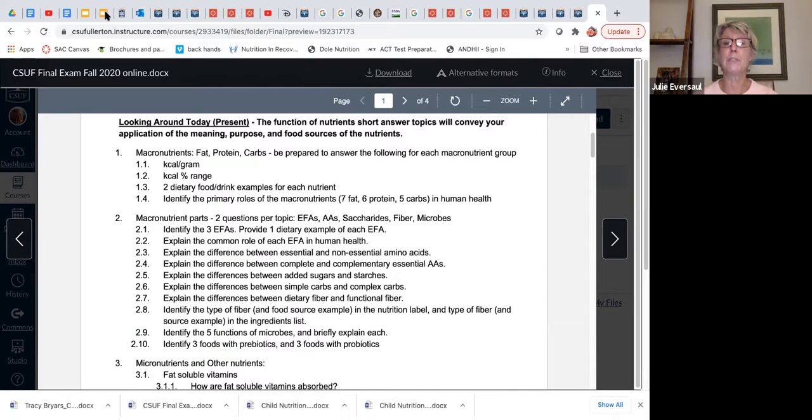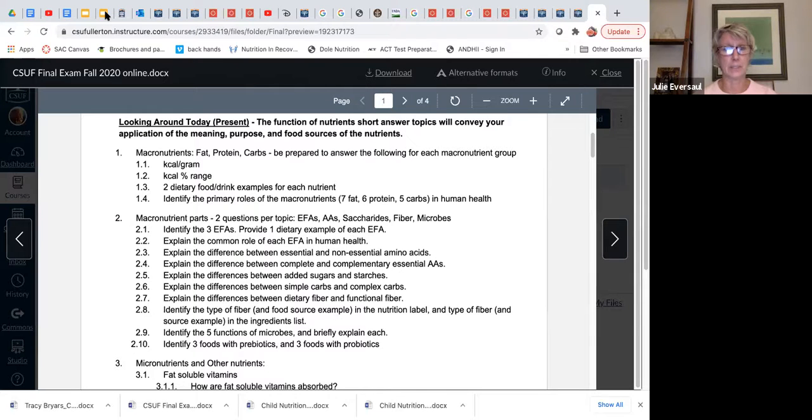One type of fiber is in the nutrition label and the other type of fiber is in the ingredients list. The type of fiber determines where it goes. One type of fiber is naturally occurring and synergistic, and the other one is added, like added sugar, okay? You want to know the difference. You want to be able to identify those.